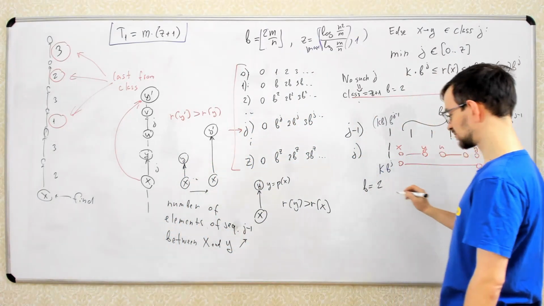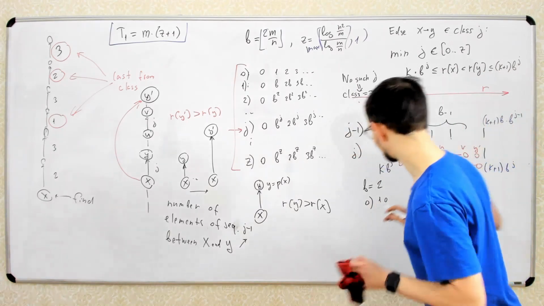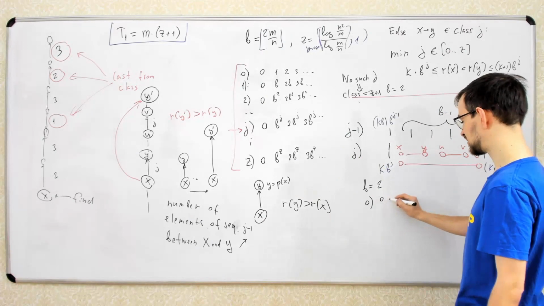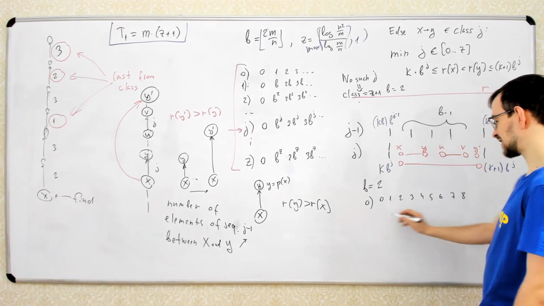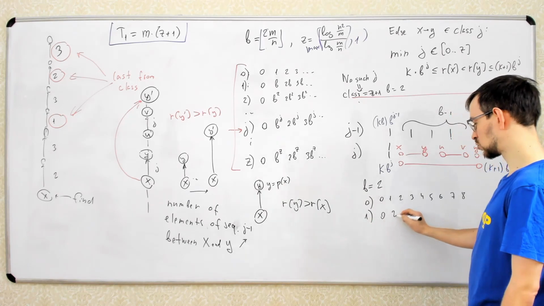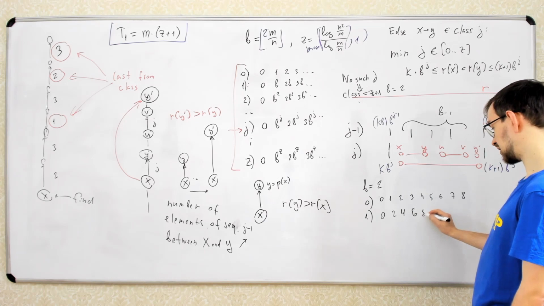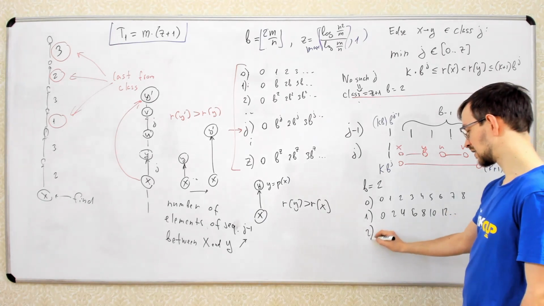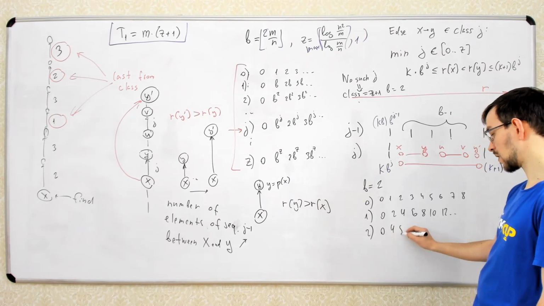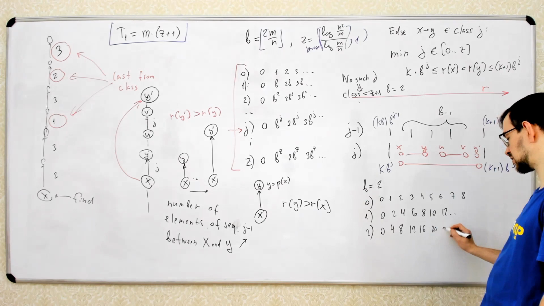So if b equals 2, the 0 sequence will be 0, 1, 2, 3, 4, 5, 6, 7, 8. The 1 sequence will be 0, 2, 4, 6, 8, 10, 12, and so on. Now it will be 0, 4, 8, 12, 16, 20, 24, and so on.